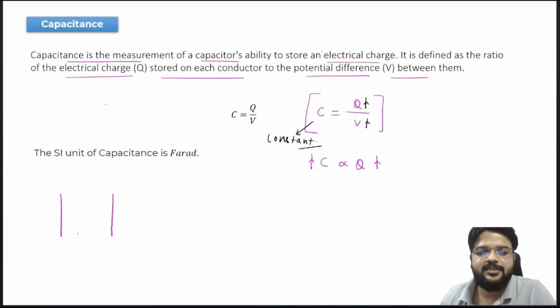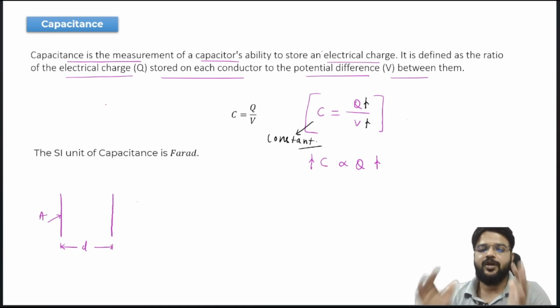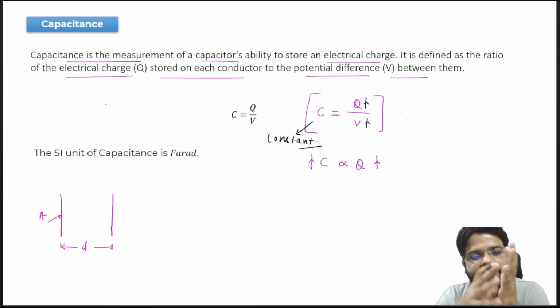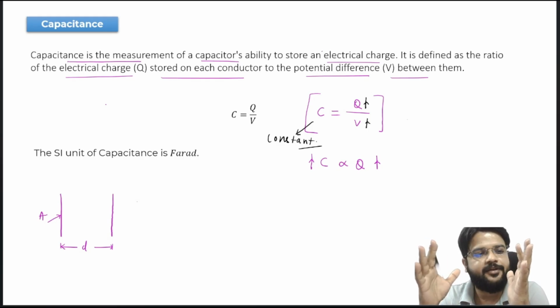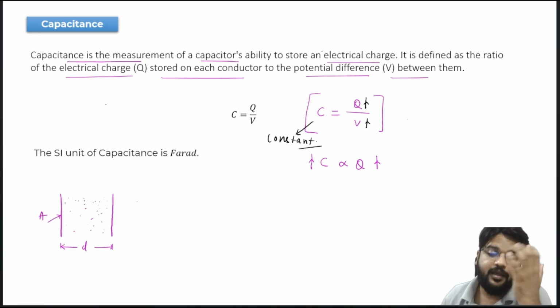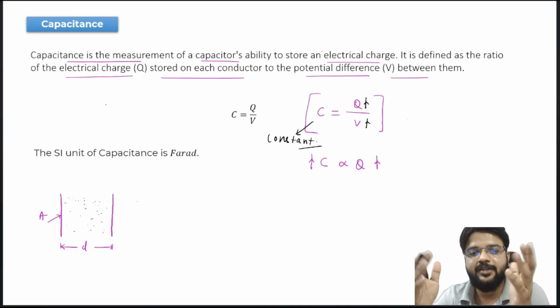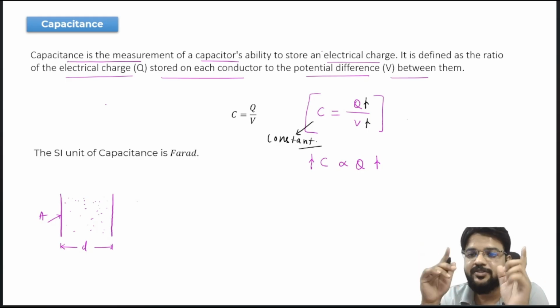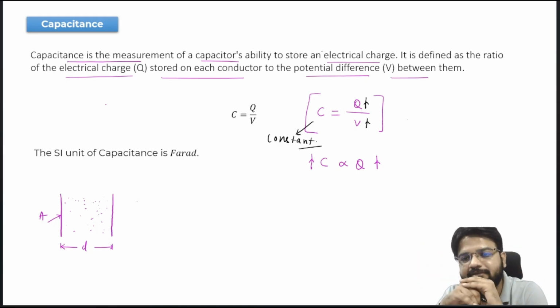So here we have two plates, and let's suppose the distance between the plates is D and the surface area of the plate is A. So it depends on the surface area of the plate, the separation between the plates, and the medium between the plates, but it is not depending on the charge, correct?